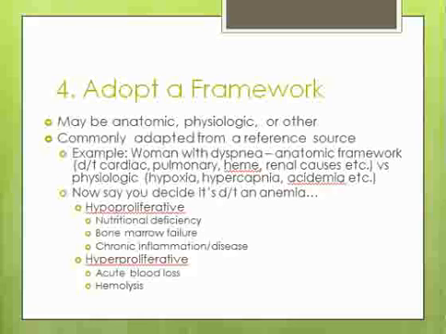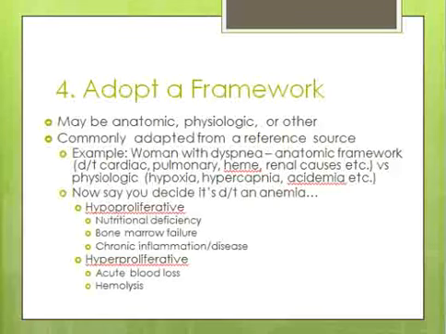And this is also where charts and graphs and algorithms can come into play. Maybe there's an algorithm for working up nausea and pregnancy, or that kind of thing. So you're pulling from your textbooks and your cheat sheets and all of that at this point. Let's say for this woman you've decided that you think it's a type of anemia. There would be frameworks for that.